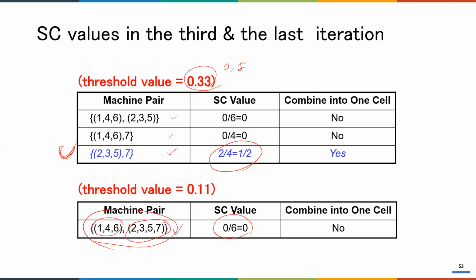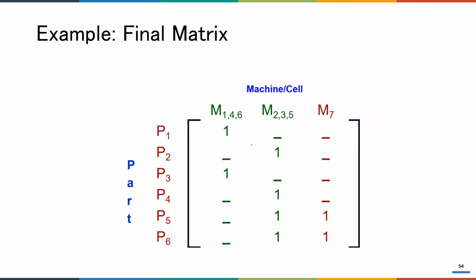If we stop here using this threshold value 0.33, then we find out that our result is the same as the result when we use ROC, or rank order clustering. However, for example, the decision maker feels that M7 should be put as one particular cell.